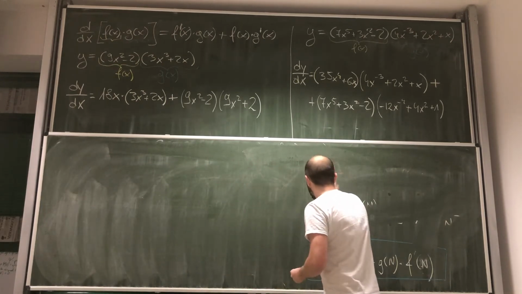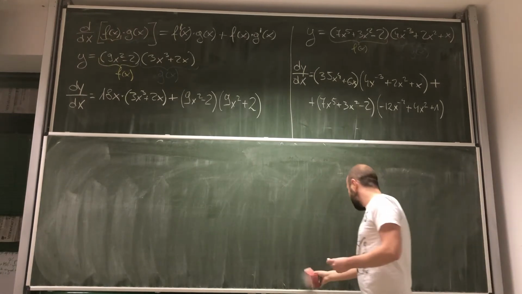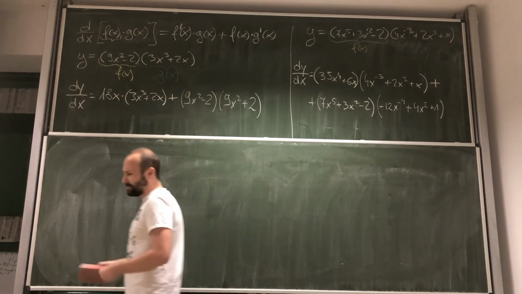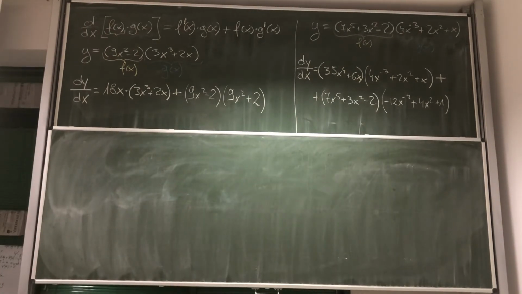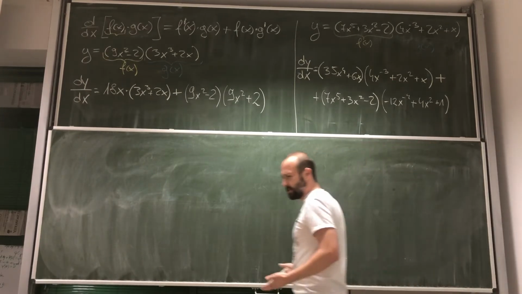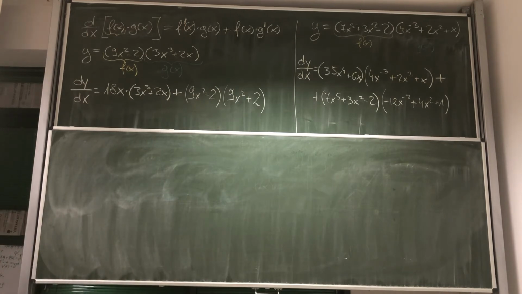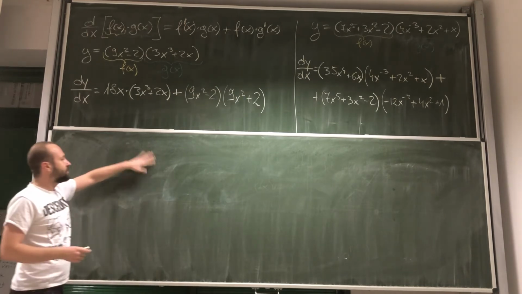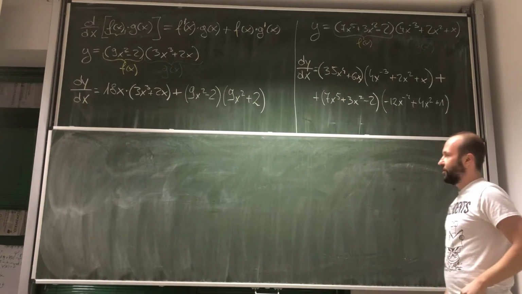I'm not going to prove it using the definition because that would be a very time-consuming process. Let's just use the information we already have in order to find the derivative we are looking for.